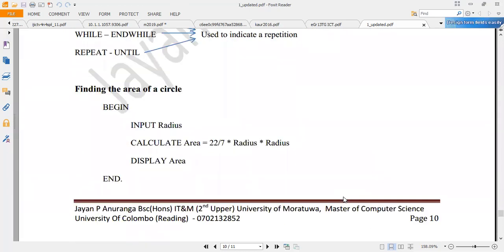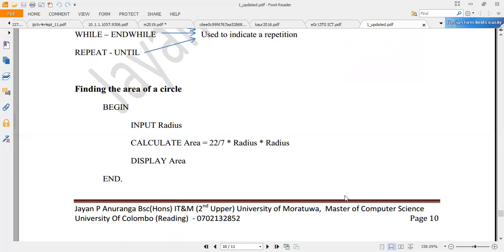Let's go through examples. Example 1, finding the area of a circle. First, begin is the word that indicates the program is going to begin. Then the next one is input: read radius, as a variable. The next one is process: calculate area equals 22 divided by 7 multiplied by radius multiplied by radius.